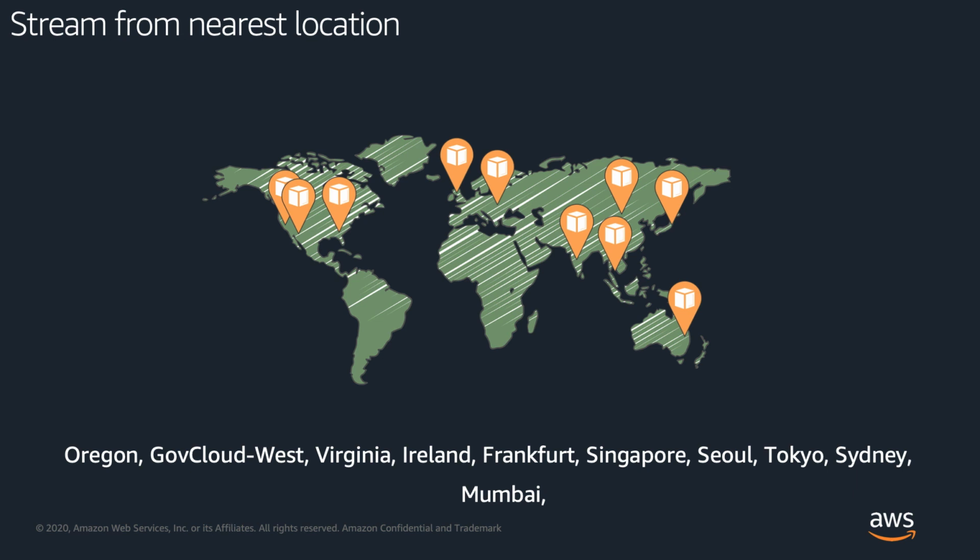I installed the software, I think it was StarCCM at the time, and I cloned that image and I copied it to Singapore because we had a couple of students who were in Singapore. And then I copied the same image to the east coast of the US because it was something in the US. And with literally a couple of clicks of the button, they were able to access that resource with really low latency because it's really close to where they were.